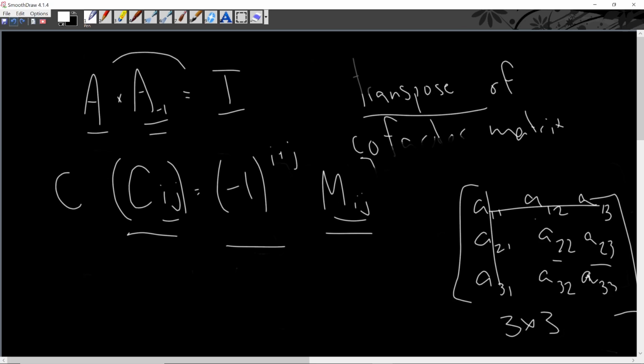And let's see, yep, we have A12. We have to find the minor first, so we block out the row and column, and we're going to be left with this matrix. Then we find the determinant of that matrix. So this matrix will be A21, A31, A23, and A33.